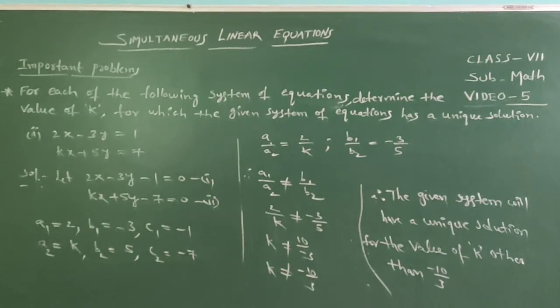Here a1 by a2 equal to 2 by k, b1 by b2 equal to minus 3 by 5. a1 by a2 is not equal to b1 by b2, so 2 by k should not be equal to minus 3 by 5. By using this inequation, we got k should not be equal to minus 10 by 3. Then the given system will have a unique solution for the value of k other than minus 10 by 3.